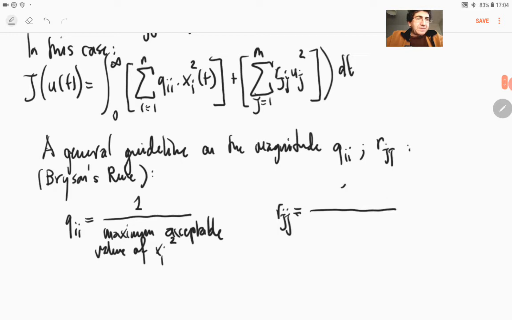Okay. Similarly for r_jj, basically we have the value of r_jj set as the inverse of the maximum acceptable value of u_j squared.